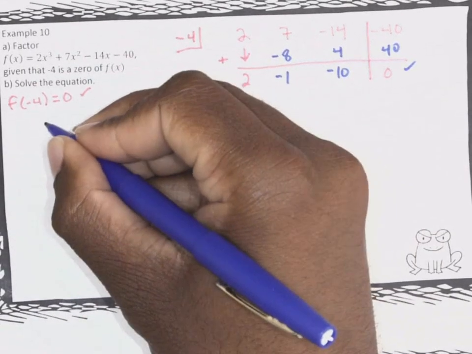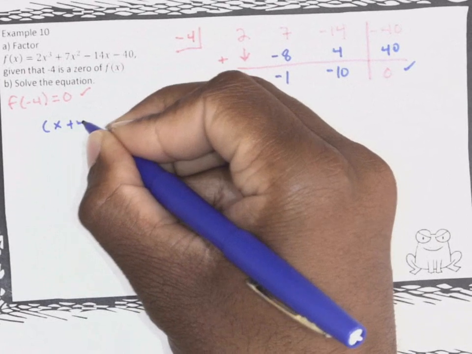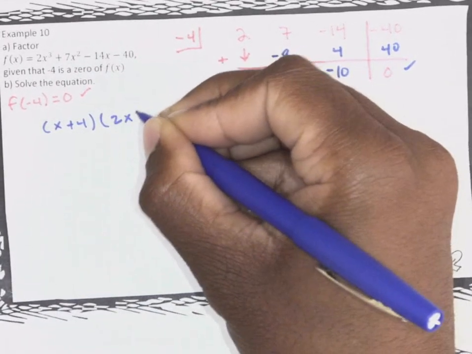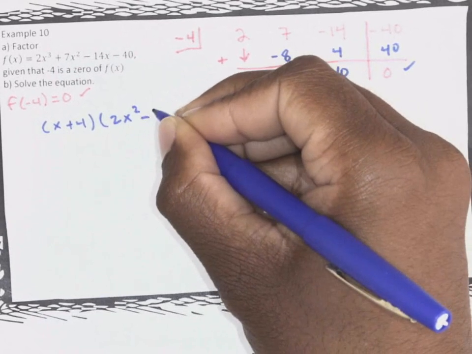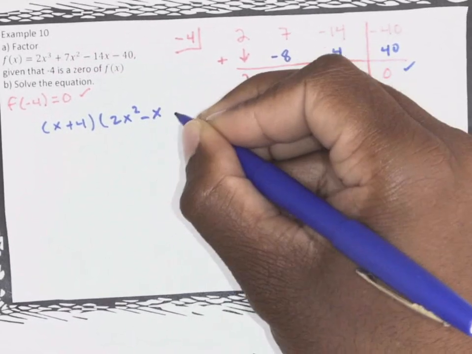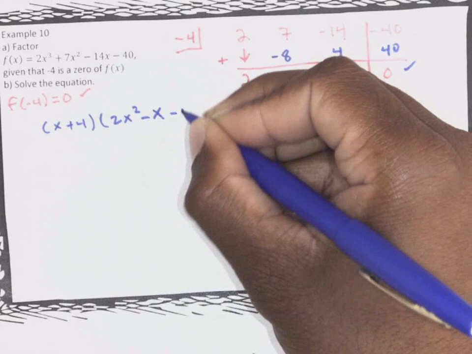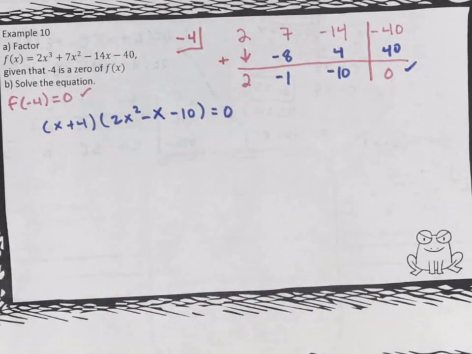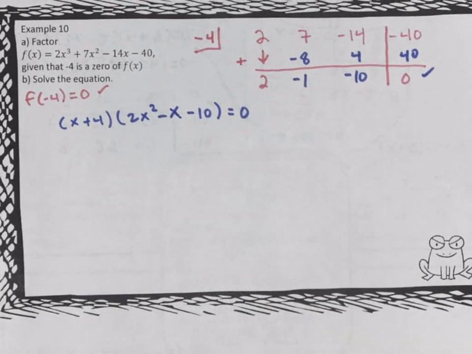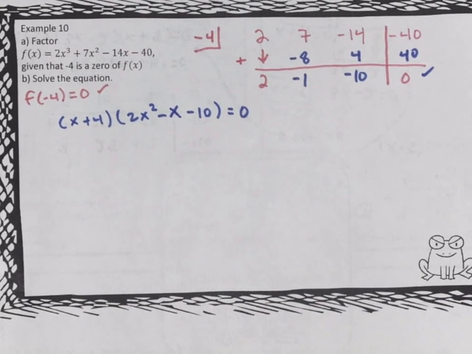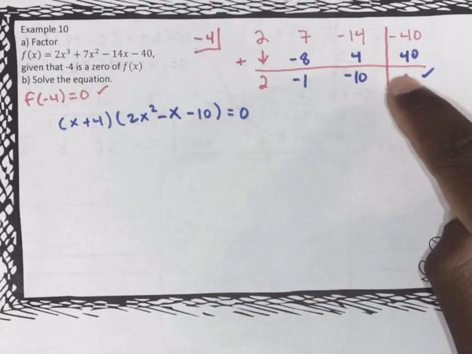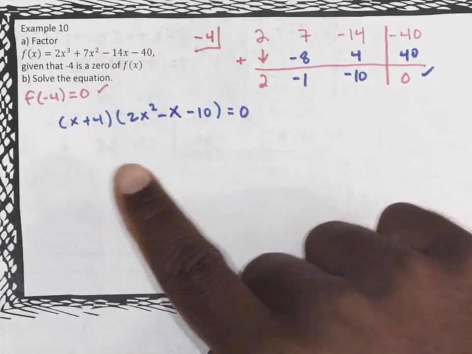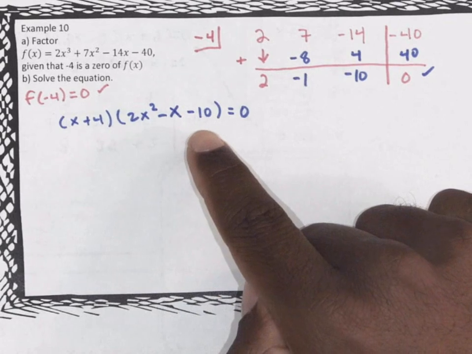So what I got is x plus 4, 2x squared minus x minus 10. Okay, so we should have got 0. That's what we got. We know it's a 0. So then I can write it factored.